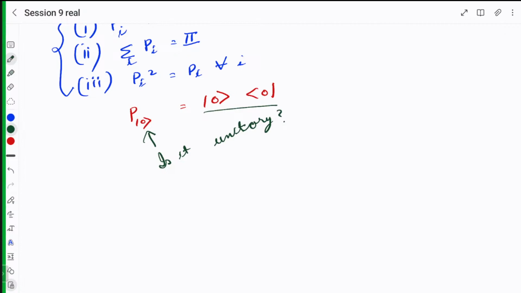In order to check whether it is unitary, you have to check whether, if you take this, it gives identity.